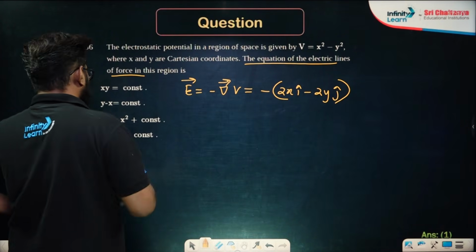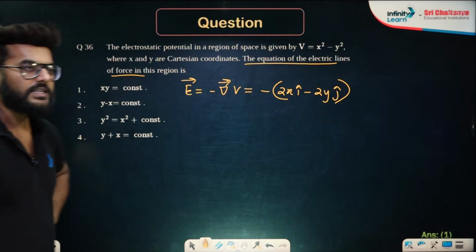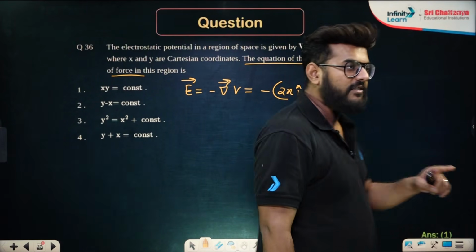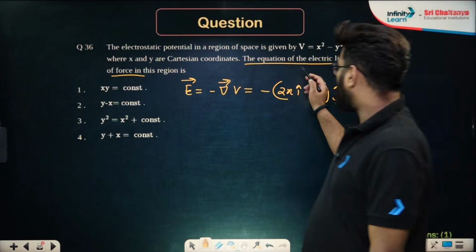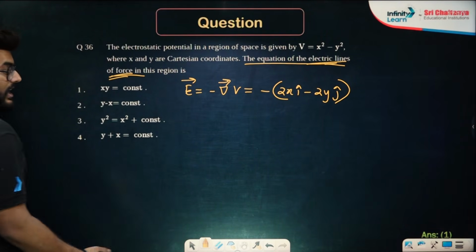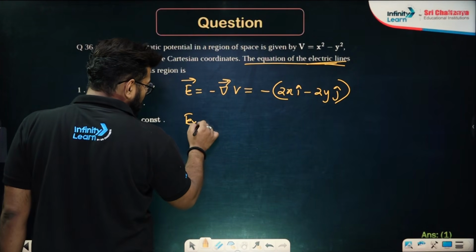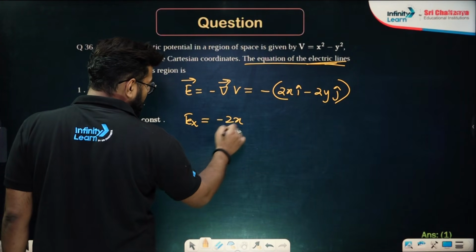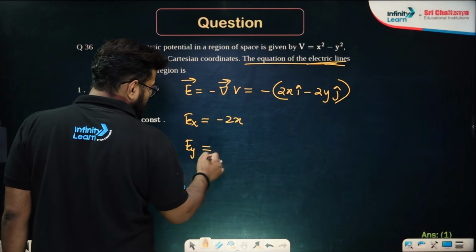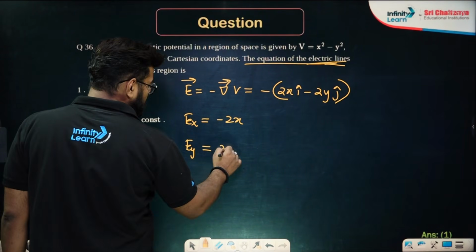But the point is, see how the question is given. They're not asking for the equation of the electric field, but the equation of the lines of force, how the lines are getting arranged. So here you will have to talk about Ex and Ey. Ex is minus 2x and Ey over here is plus 2y.